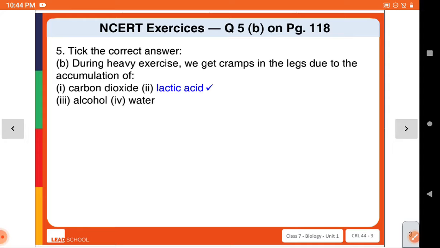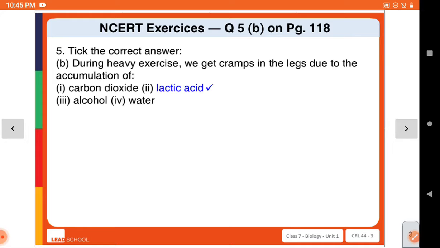The other one is, choose the correct answer, question number 5, page number 118. During heavy exercise we get a cramp in the leg due to accumulation of what? Sometimes we experience this when we do heavy work after a long time.